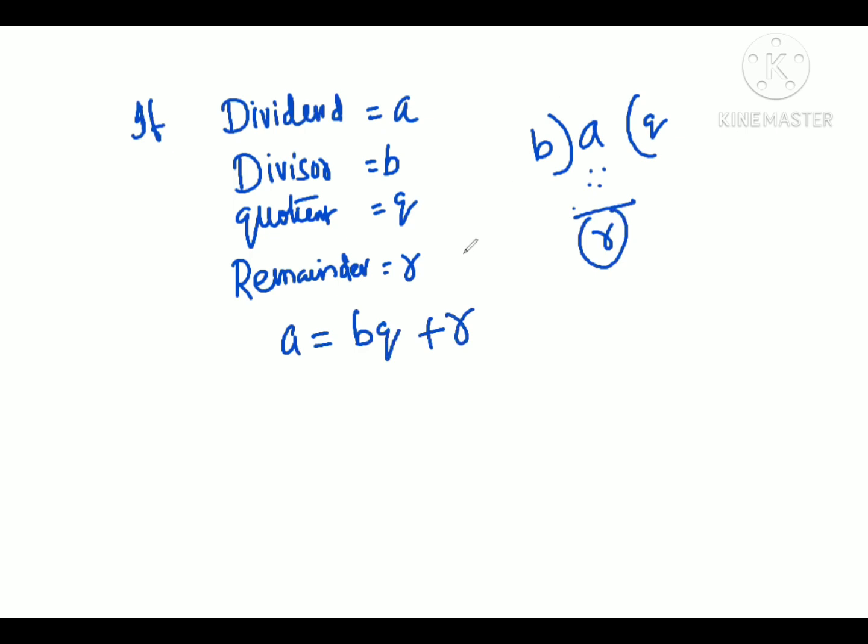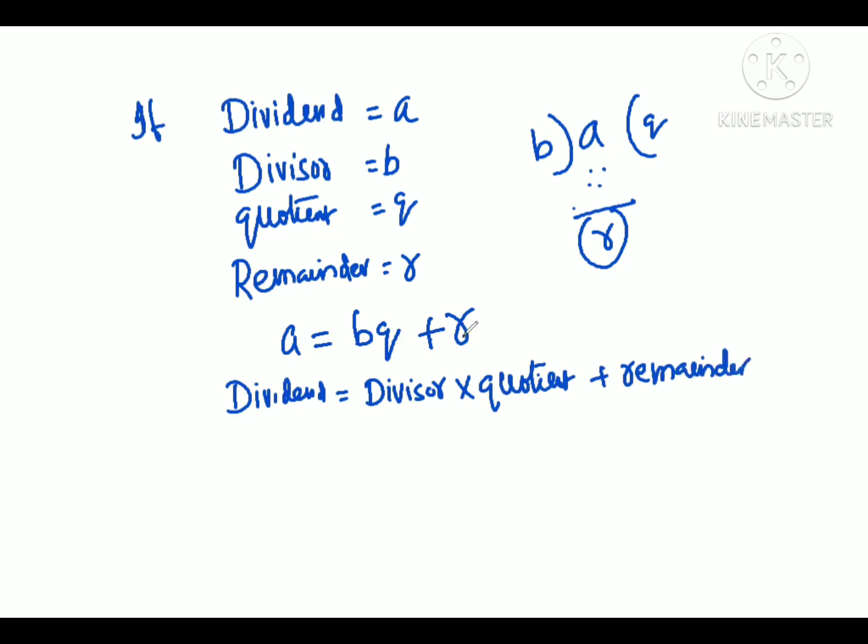Dividend is equal to divisor into quotient plus remainder. So here R is greater than or equal to 0 and R is less than B. That means the remainder is greater than or equal to 0, but the remainder is less than the divisor.